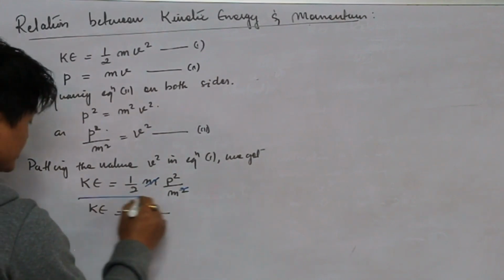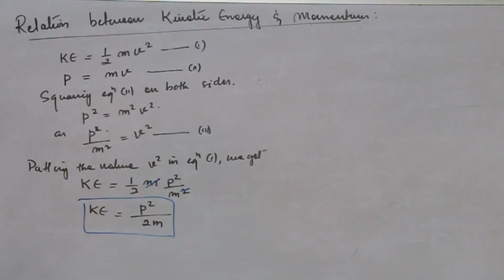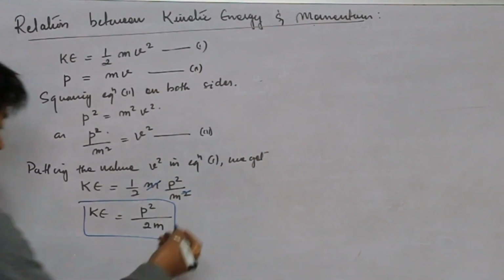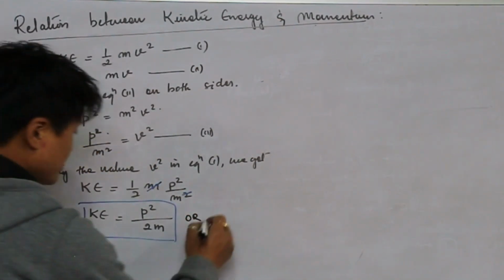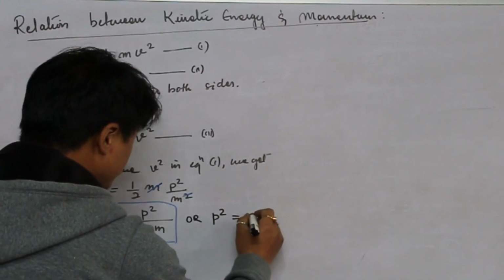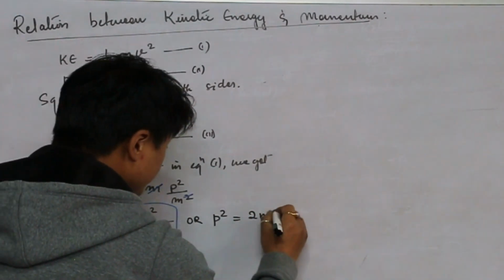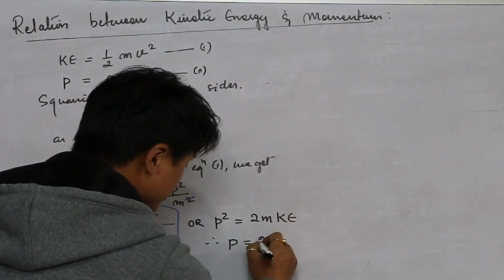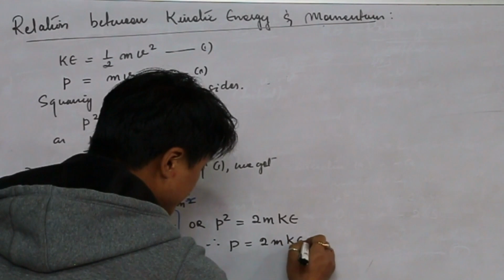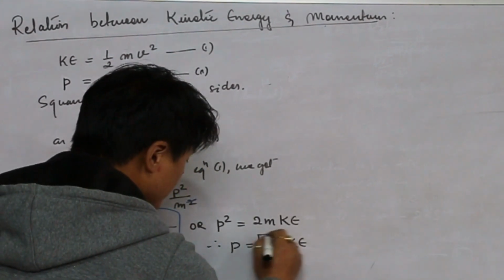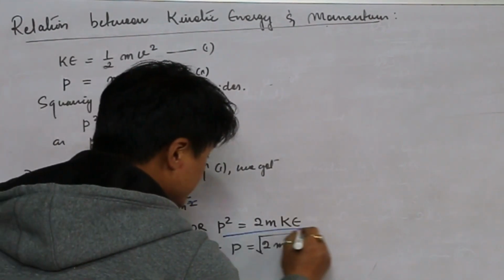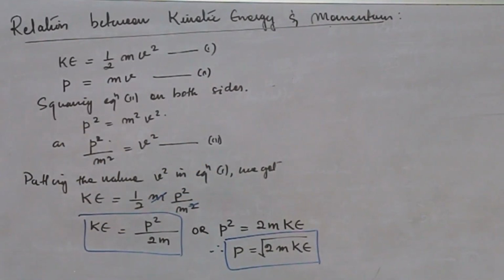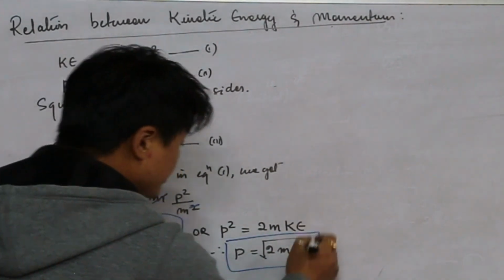So this is the relation between kinetic energy and the momentum. Or we can also write p square is equal to 2m into kinetic energy, therefore p is equal to the root under 2m into kinetic energy. This is another relation between kinetic energy and momentum, obtained by taking the root to remove the square.